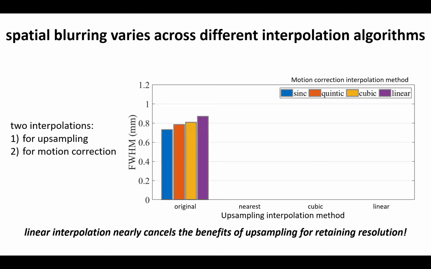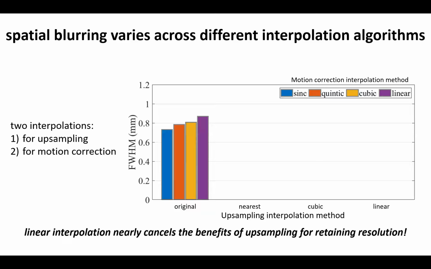Of course, the spatial blurring varies across different interpolation algorithms. This plot is a little bit confusing because it's making two points at once, so I've broken it down. If we apply motion correction to our original data across different motion correction interpolation methods, sinc, quintic, cubic, linear, going from higher order to lower order, we see that these lower order interpolations induce more blurring in the data.